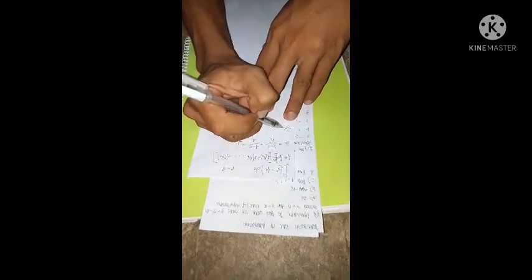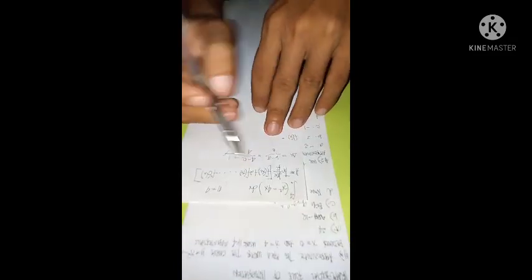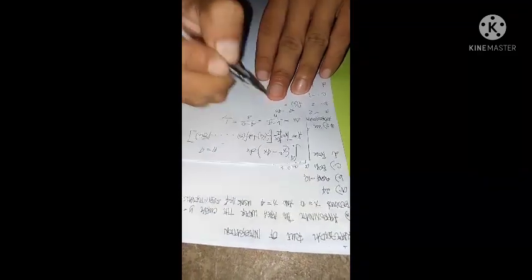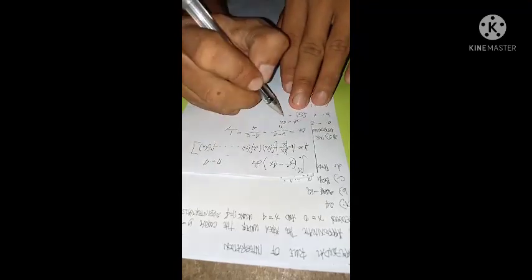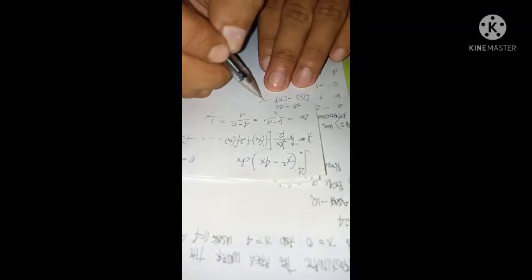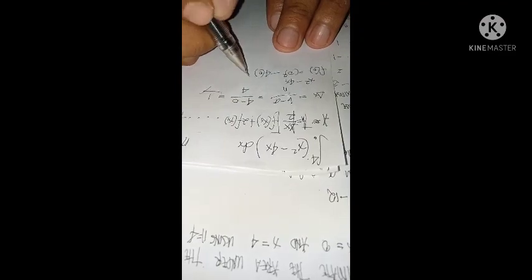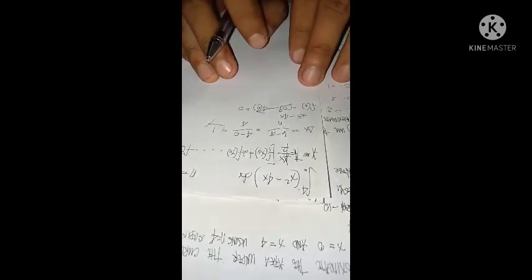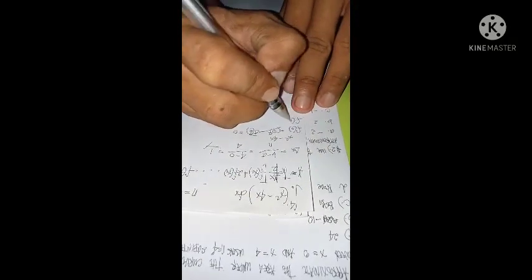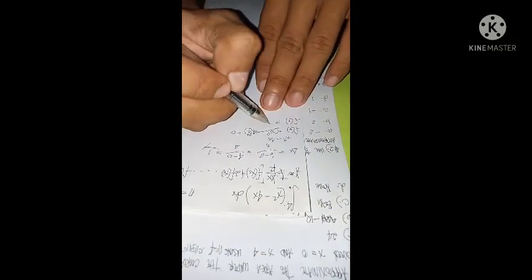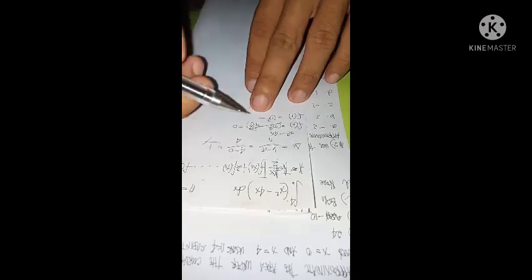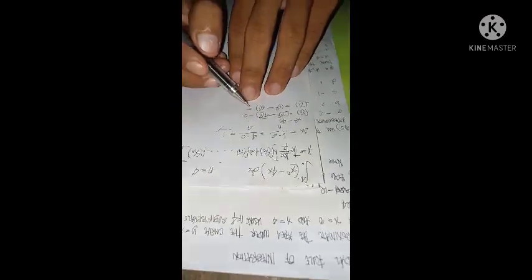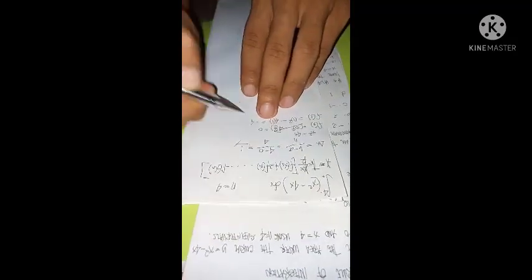At f of 0, the given here is x squared minus 4x, so 0 squared minus 4 times 0, which is equal to 0. At f of 1, which is equal to 1 squared minus 4 times 1, which is equal to negative 4.